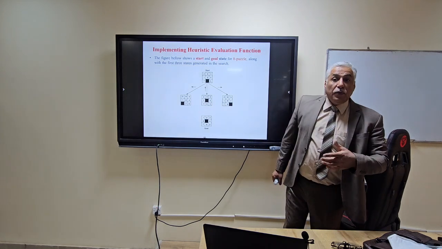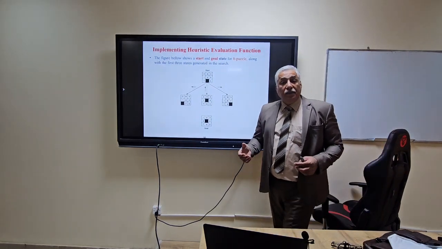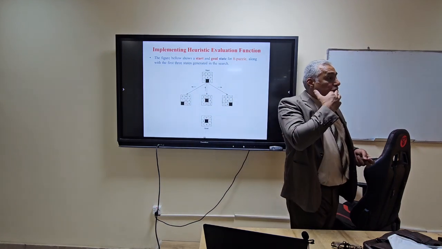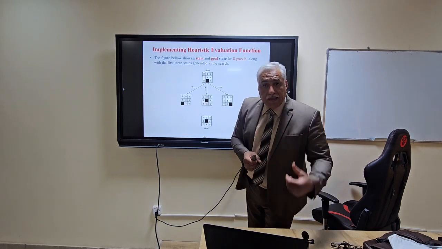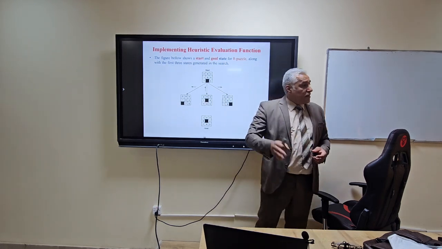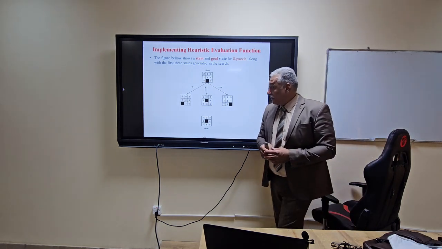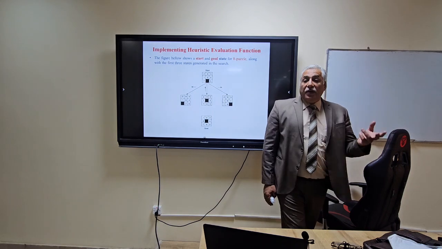Now, I will put another factor into this evaluation function, by using the distance for each tile when I move it until I reach the correct position. Now, I get 2 factors.